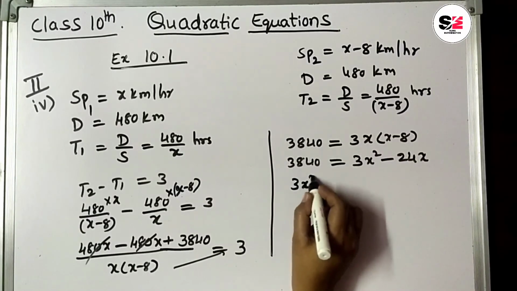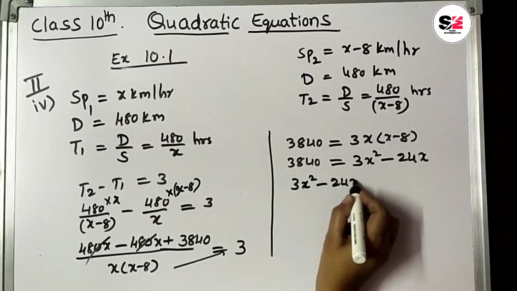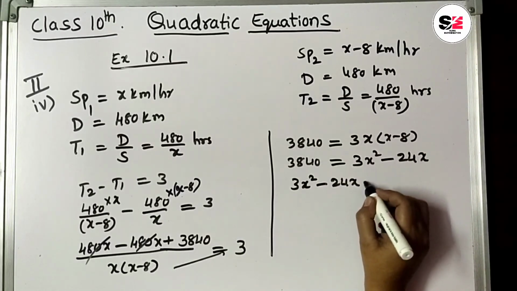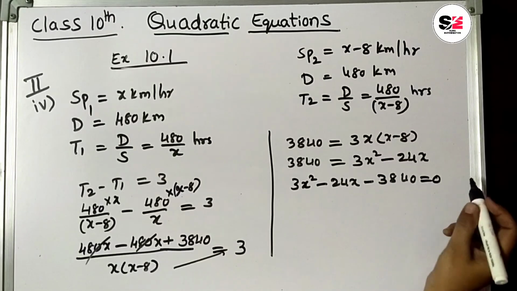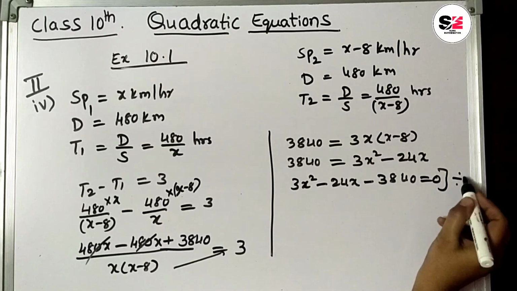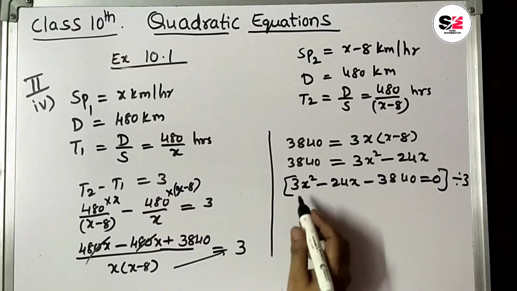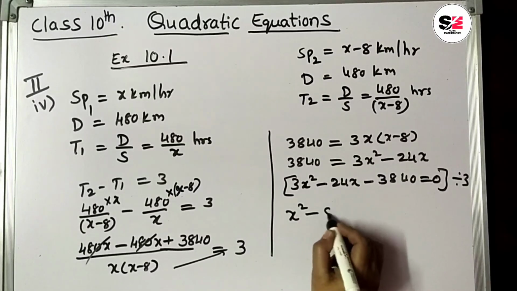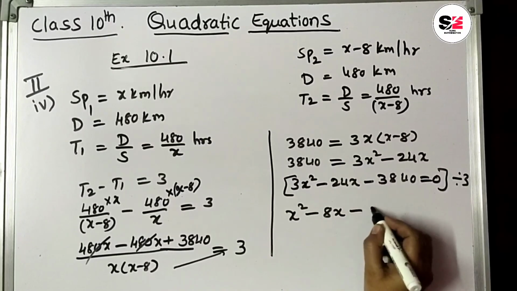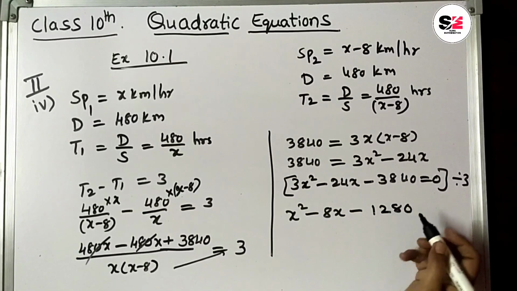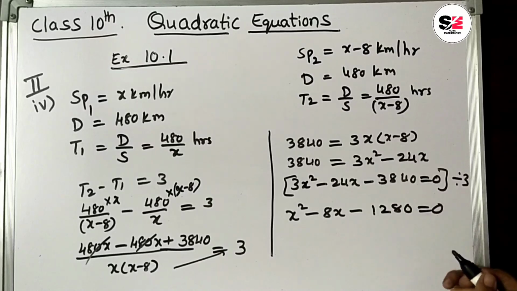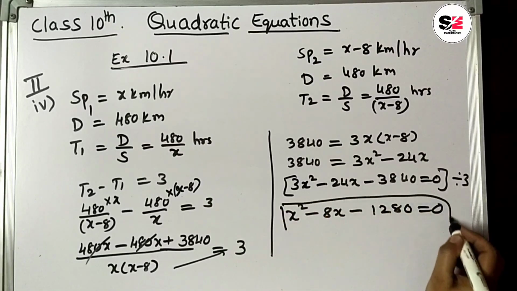So 3x square minus 24x, this comes to this side, minus 3840 is equal to 0. So divide the complete equation by 3. So it is x square minus 8x minus 1280 is equal to 0. This is the required equation.